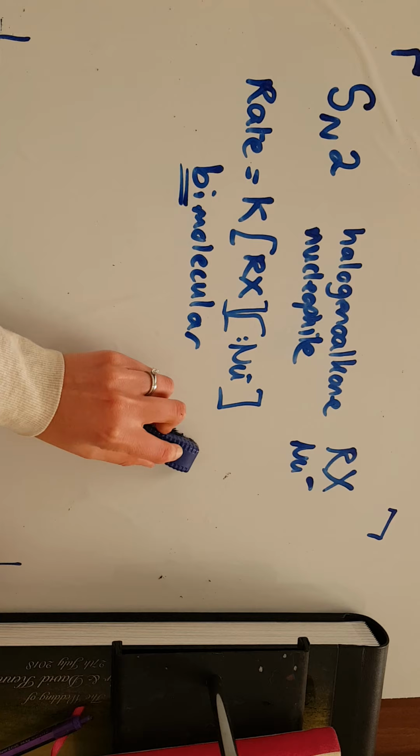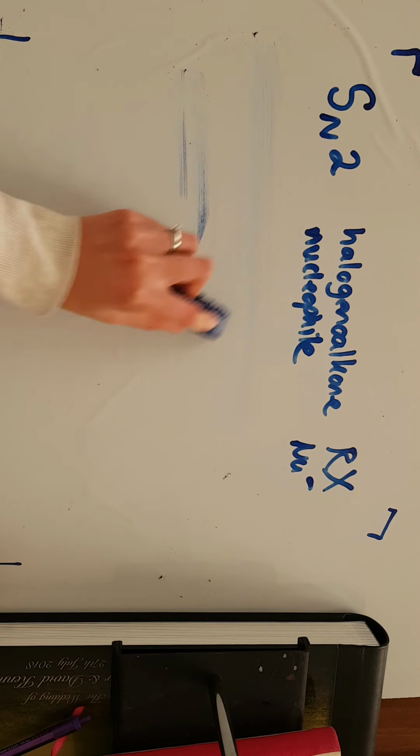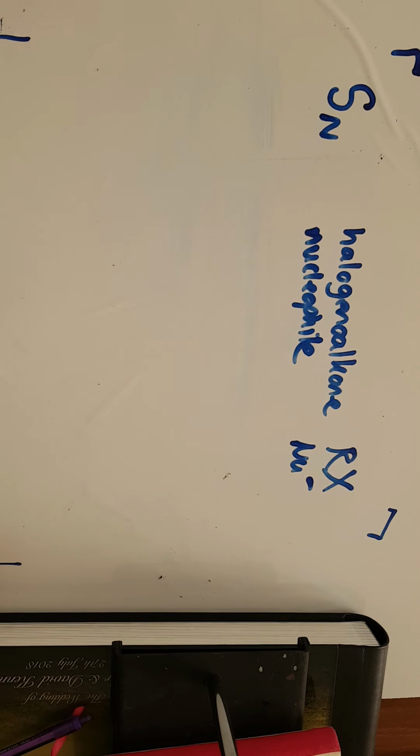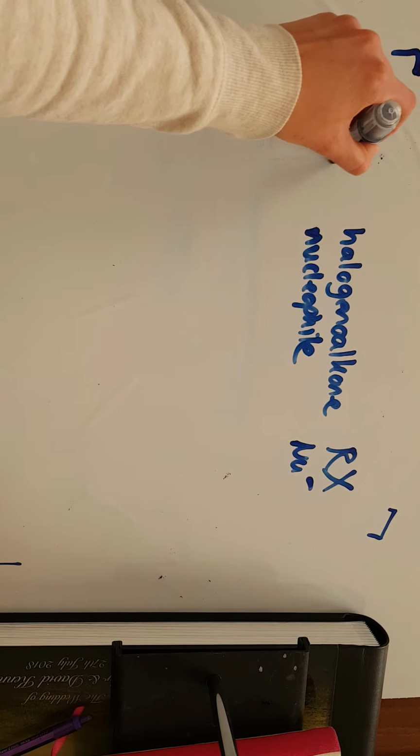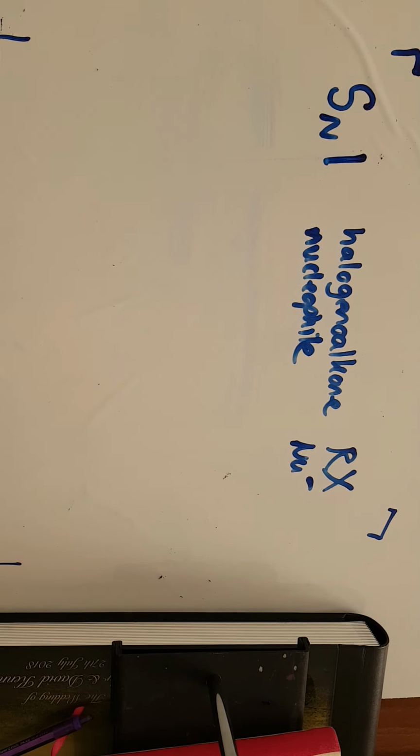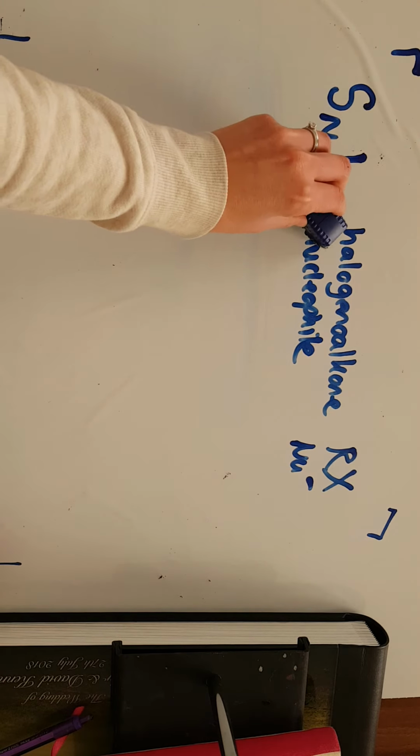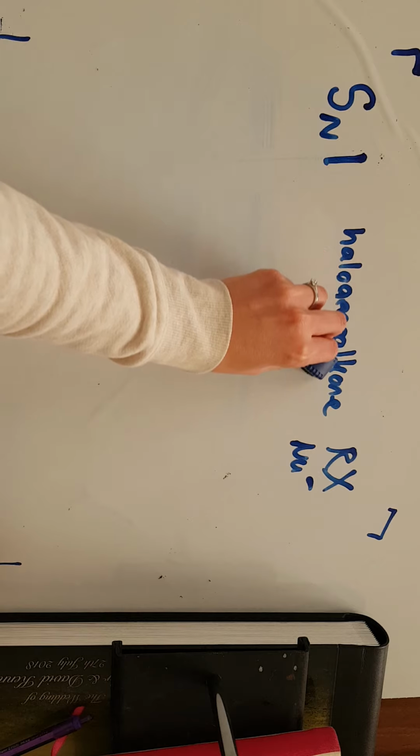If I change this now to talk about an SN1, the rate of this reaction is only dependent on that very first step, which is the slow step, where you're simply waiting for the halogen to break. So this time, the concentration of the nucleophile does not matter at all.